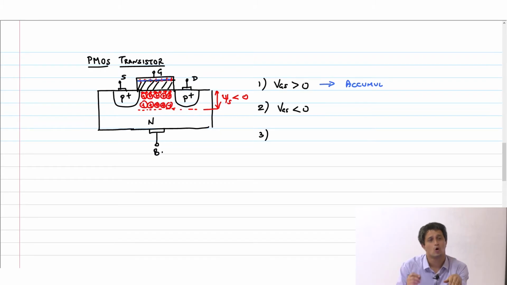Because holes are the charge carriers, current direction and charge direction is the same. Charges always flow from the source to the drain, that does not change. It's only the direction of current that changes between an NMOS and a PMOS transistor.